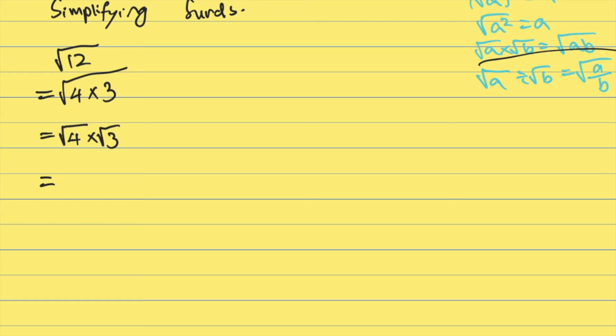Then we can simplify this as 2 times square root 3, which equals 2 square root 3. Hence, square root 12 equals 2 square root 3. We regard 2 square root 3 as a simpler form than square root 12 since the number under the square root sign is smaller.